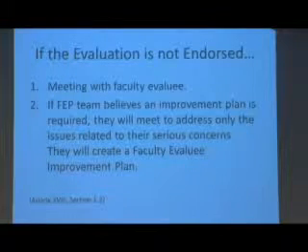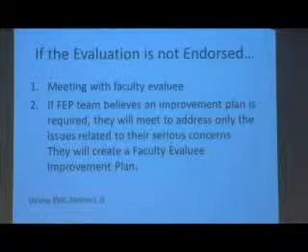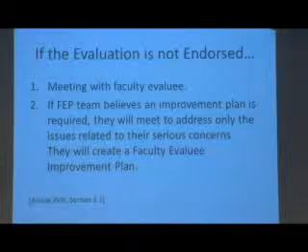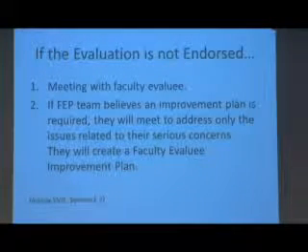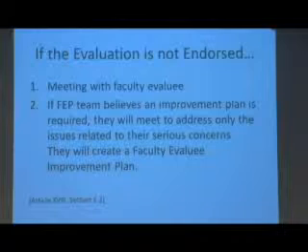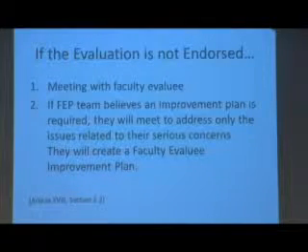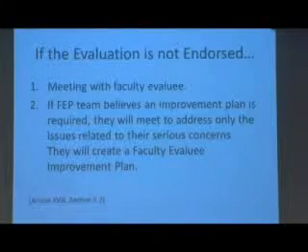If the ultimate conclusion of that is non-endorsement, and the FEP team then believes that improvement is required, they will meet to develop a performance improvement plan for the faculty member. And that is another important final stage to ensure that every opportunity for development is allowed.